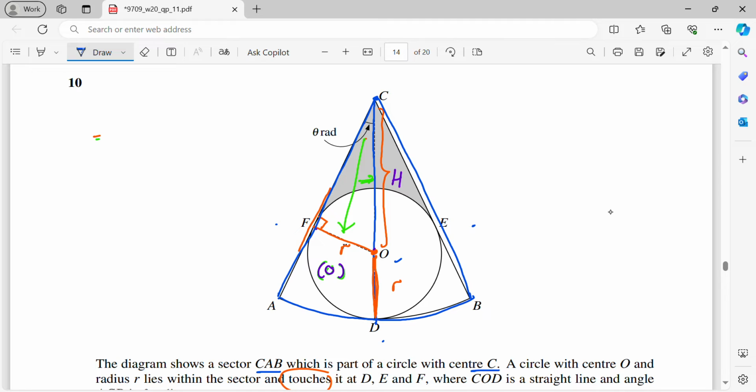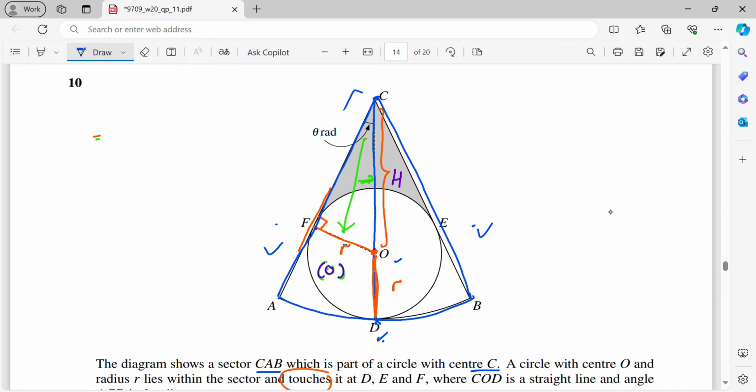So from here, we have found the CD. Basically, CA is the same as CB is the same as CD, because that is the sector. Which means your CD is the radius of the sector CAB.